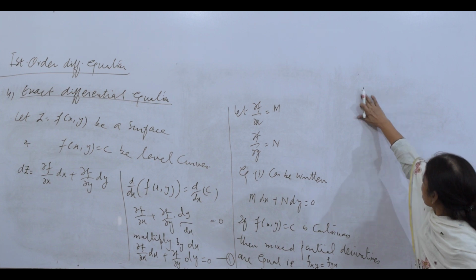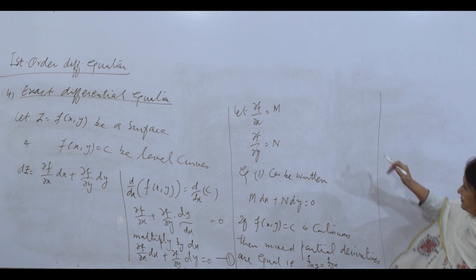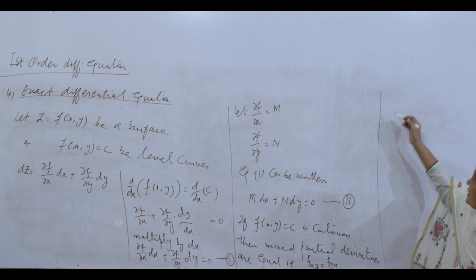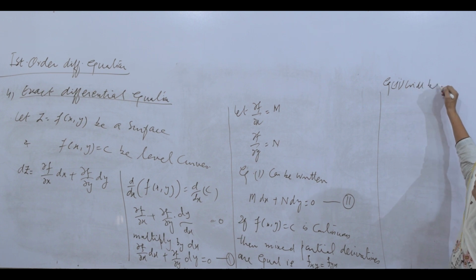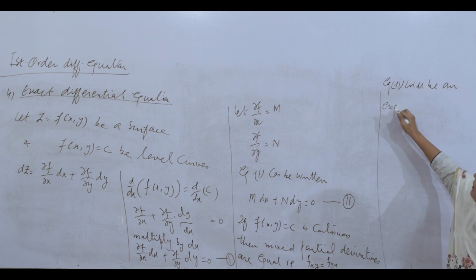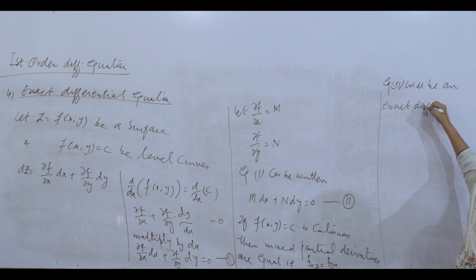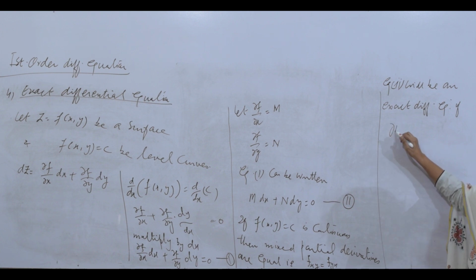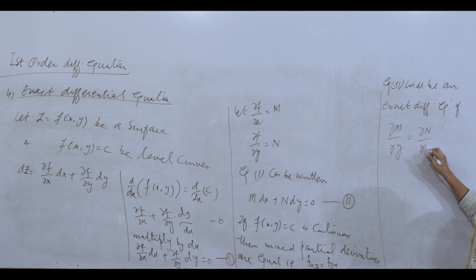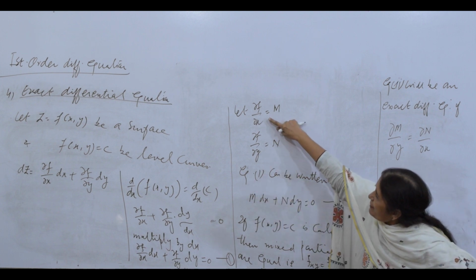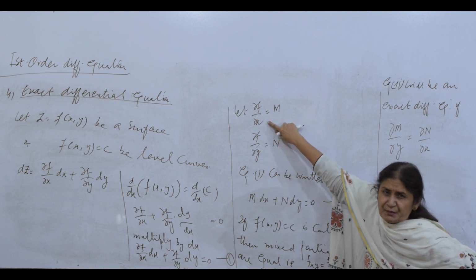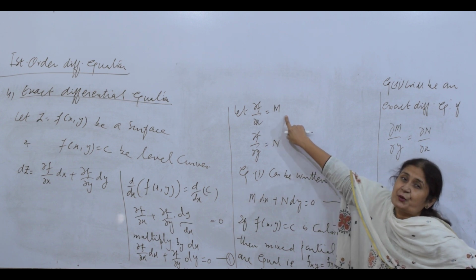Now call it equation 2. Equation 2 will be an exact differential equation if, look at that, partial M by partial y is equal to partial N by partial x. Because M is partial f with respect to x, it means you have to differentiate this with respect to y.